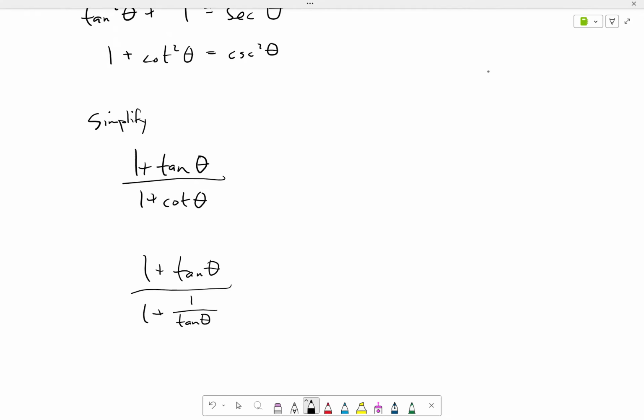Are you clearing the denominators? Clearing the denominators is the easiest way to do it. There are other ways, but.